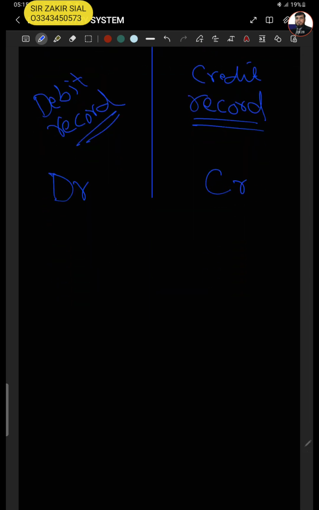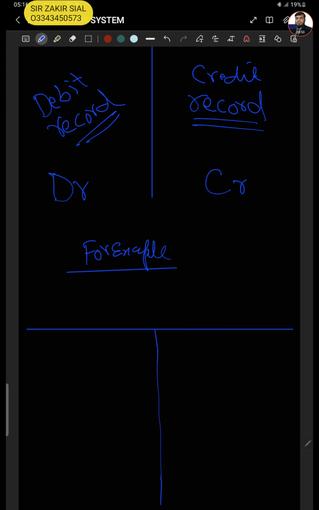First of all, I give you an example. We are starting business with cash of 500,000. On one side, we can see that cash is the asset.